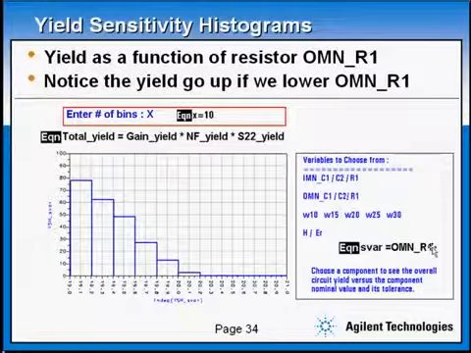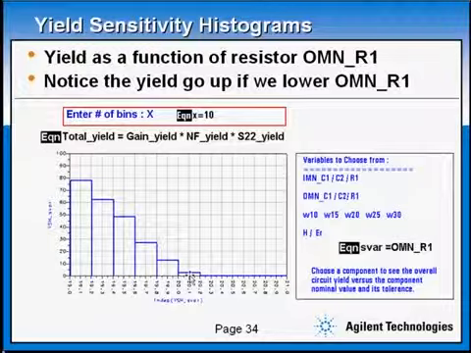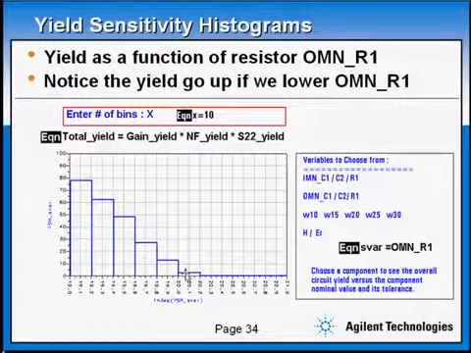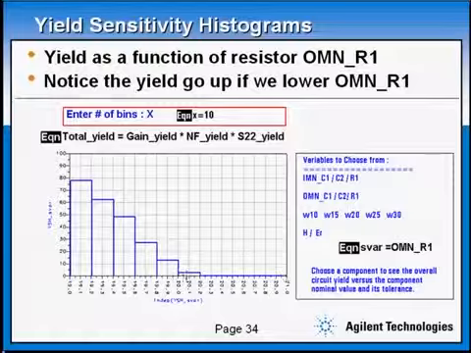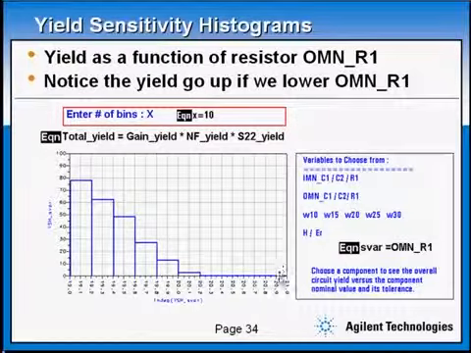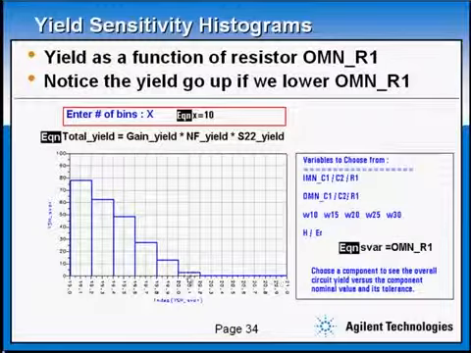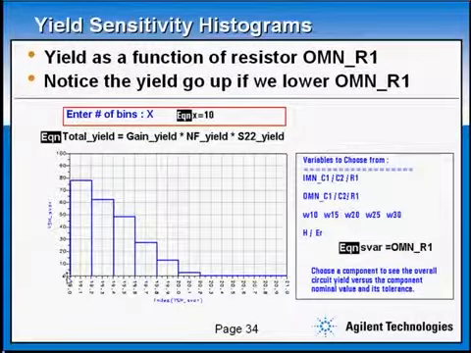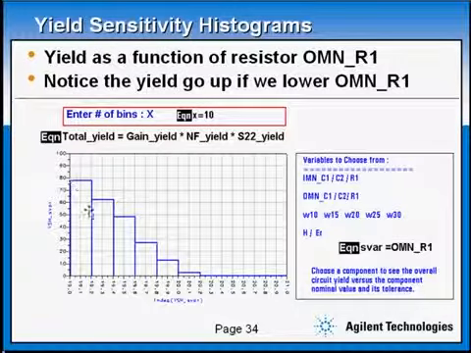Now the same template, we put output matching network R1. We just type the R1 for the output matching network here, and notice it is telling me that if R1 goes plus 5 or 10%, if it gets higher in value, the yield of the whole circuit with everything interacting together goes to 0.